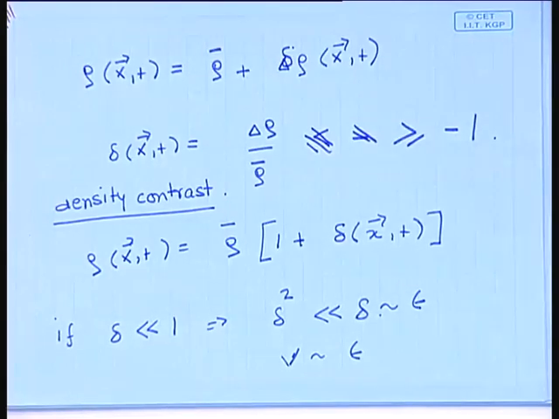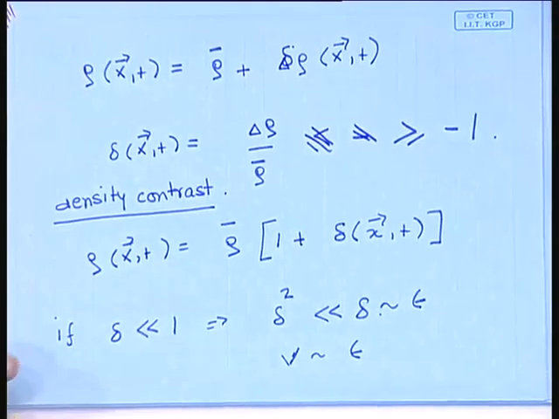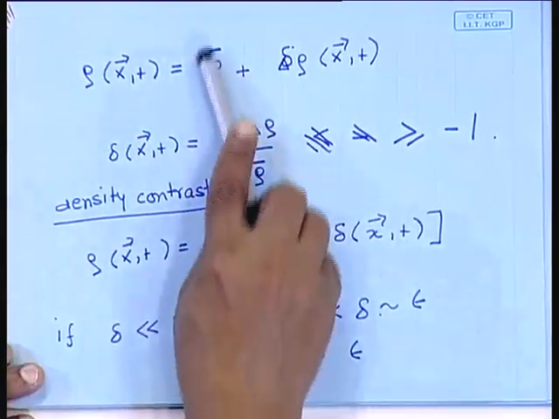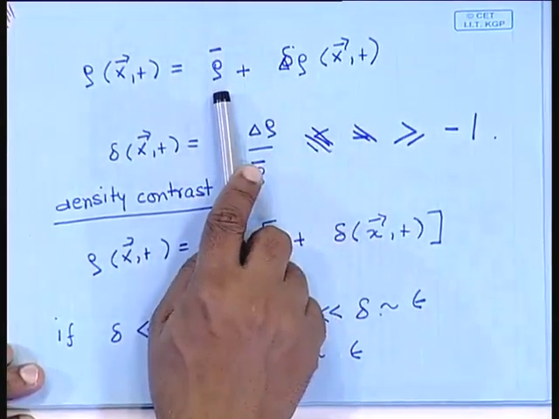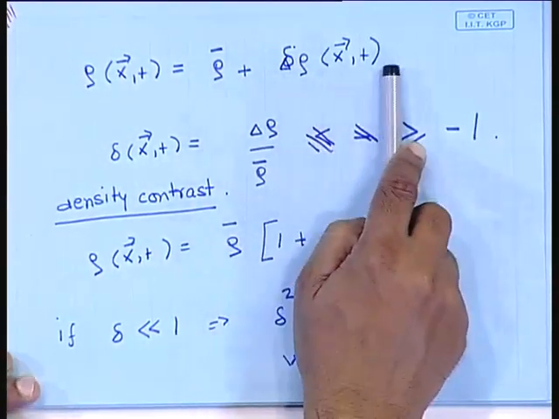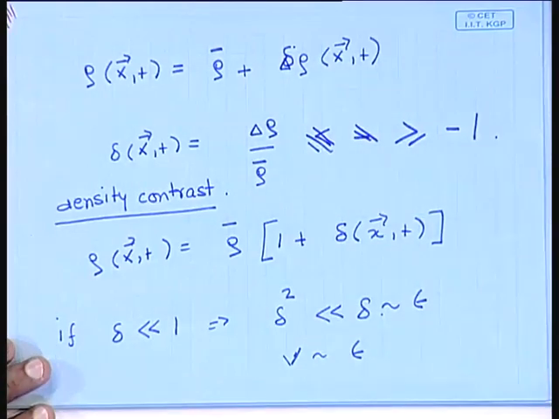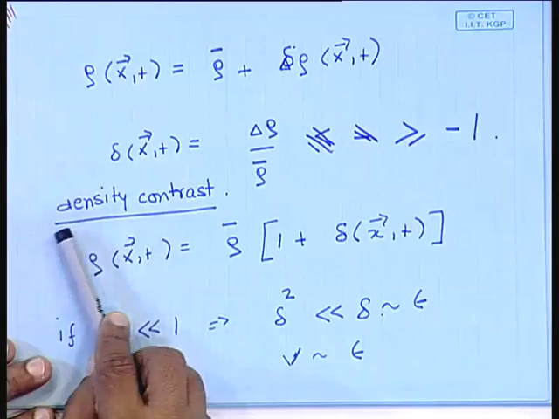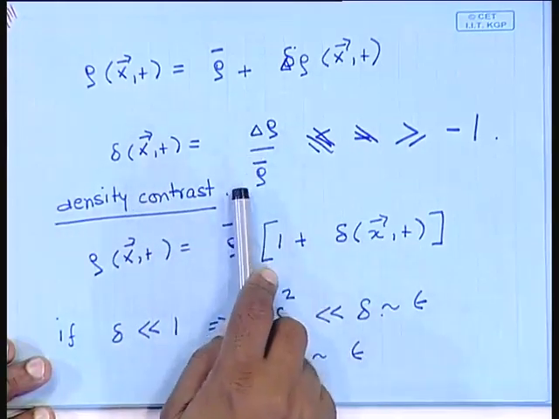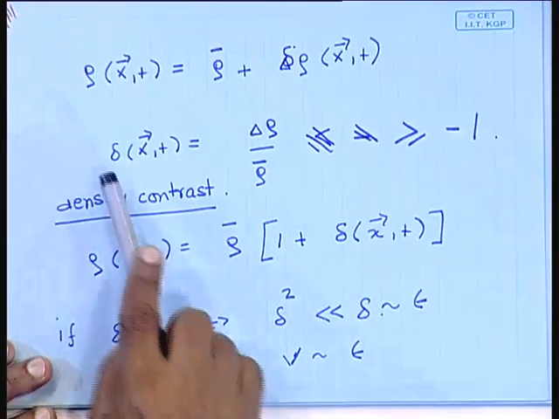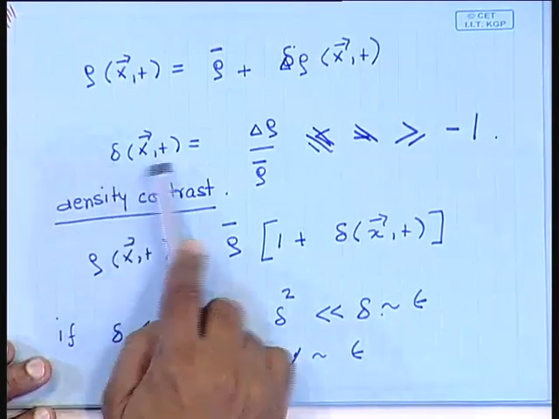Having done that, we put small perturbations on this background model. We have this rho which is the background density, and we have these perturbations which are fluctuations in the density. We quantified these fluctuations in terms of the density contrast, the fluctuation in the density divided by the mean density, denoted by delta.